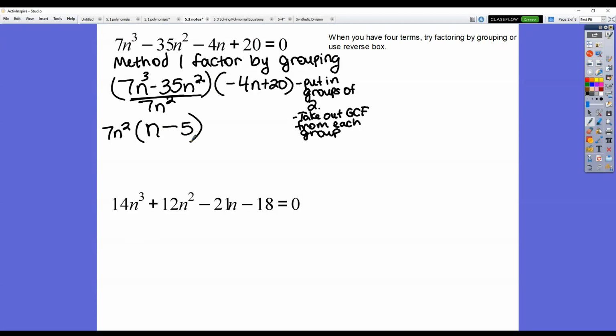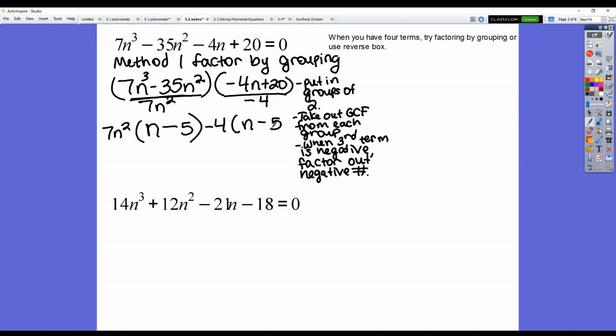Over here, when the third term is negative, factor out a negative number. So here, we're going to take out a negative 4. That's the greatest common factor.